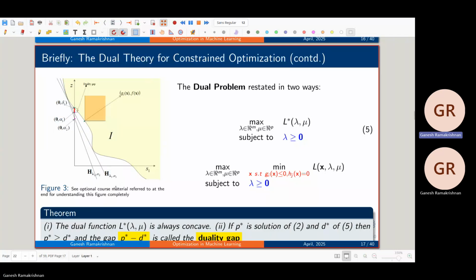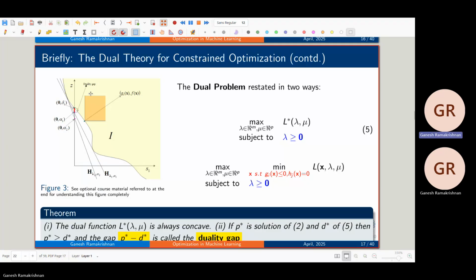So think of these hyperplanes, lambda 1, alpha 1, lambda 2, alpha 2, as basically the lambda. Actually alpha is not this. There's only lambda, there's no alpha. There's no mu, because we're only looking at inequality constraint. This alpha is the value of the dual.